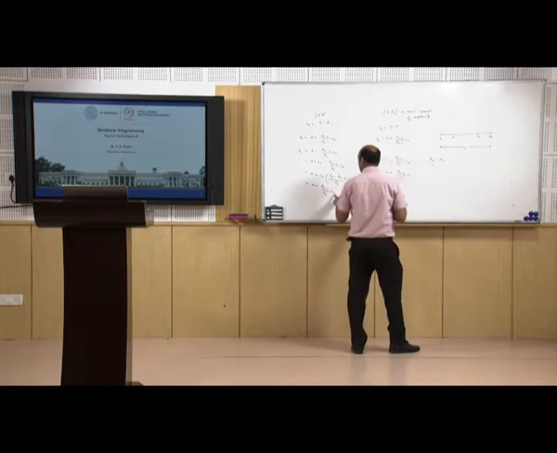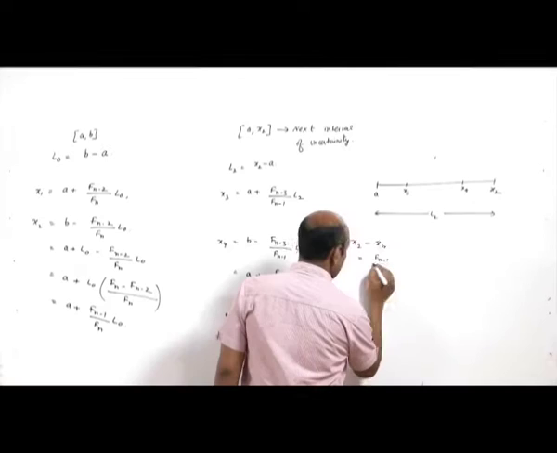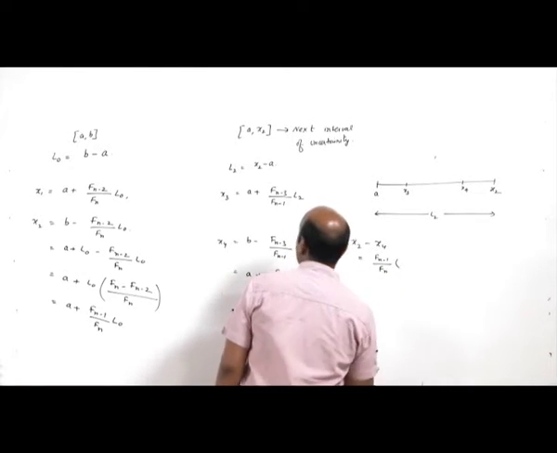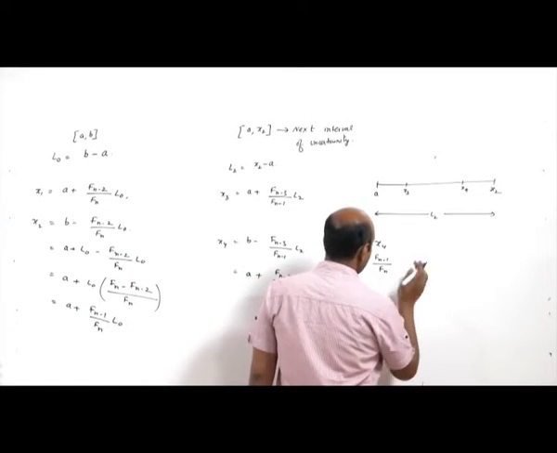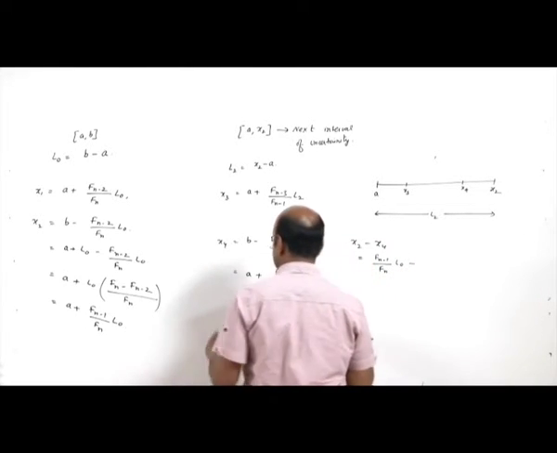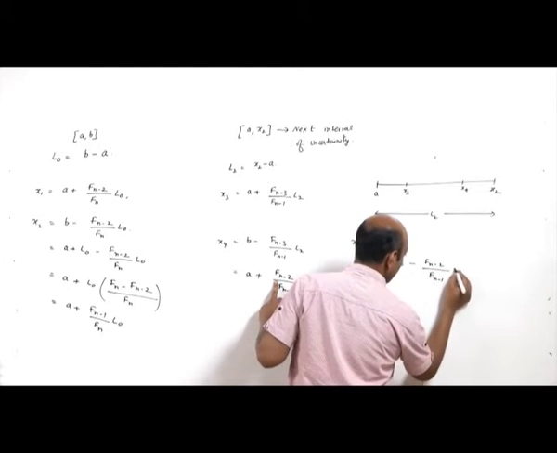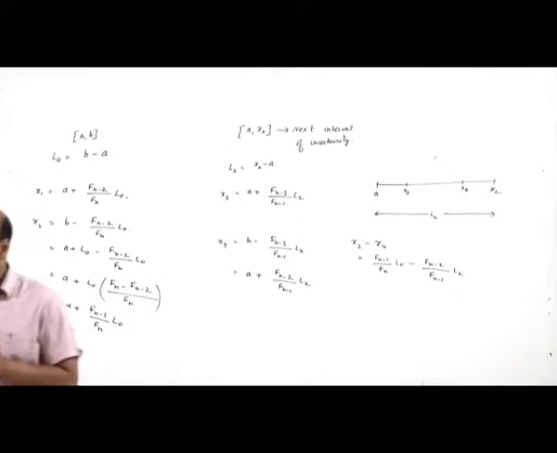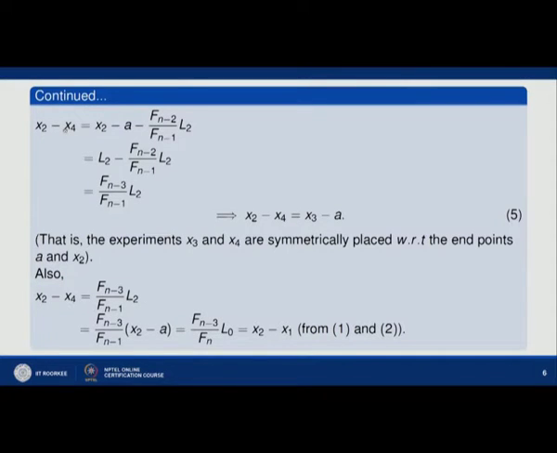You can either use this or you can use this. So, x2 is Fn minus 1 upon Fn into L naught, and x4 is a plus Fn minus 2 upon Fn minus 1 into L2, as you see from the PPT.